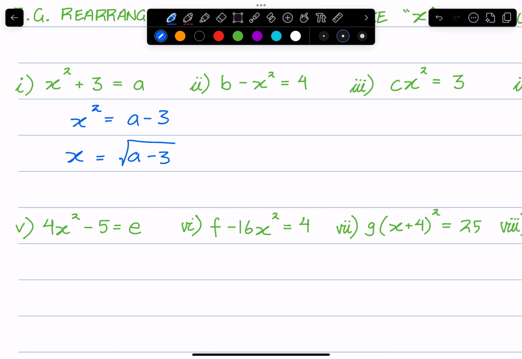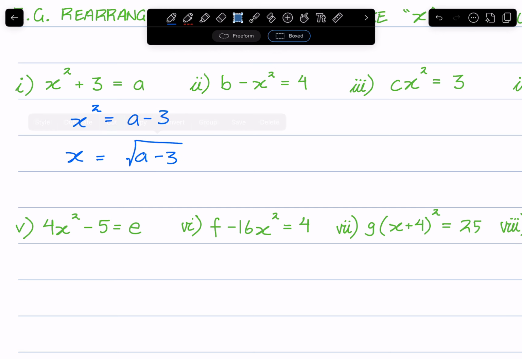This leaves us with x. The only thing when we take square roots of equations like this, we must always take the plus and the minus of that square root. And so that is how we tackle problems such as this.